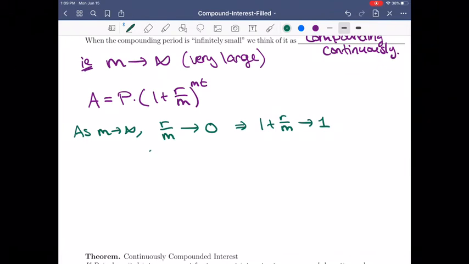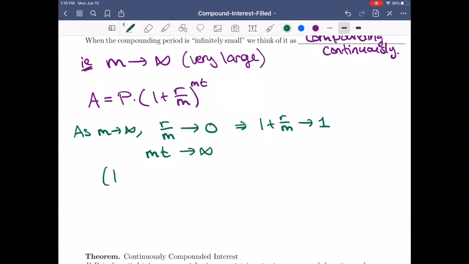Now also M times T is infinity times a number, so it's going to be a really big number. So what's happening is we have a P, that's a constant, times 1 to the power infinity. So you might think that this is 1, because 1 to any power is still 1. But because we're approaching 1 and the exponent is approaching infinity, it depends how we approach, so it actually matters.